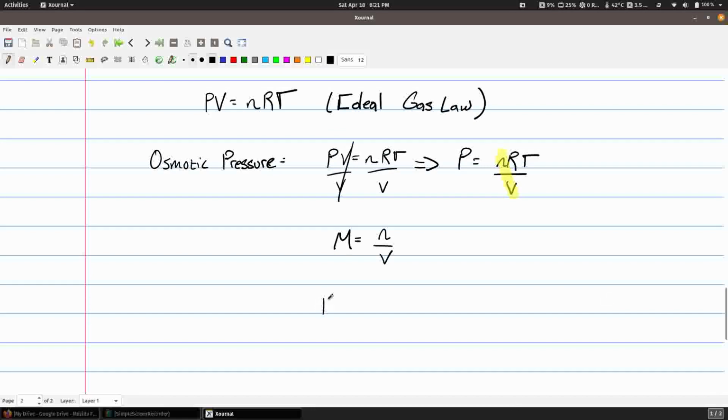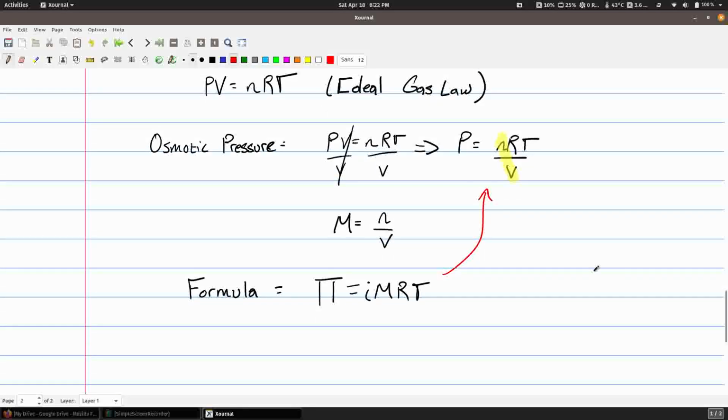So you have pi, capital pi, written like this. Equals i times molarity times the gas constant times the temperature. And you're usually going to end up finding the answer in atmospheres because it's derived from that formula.